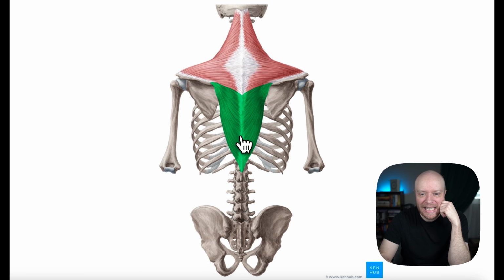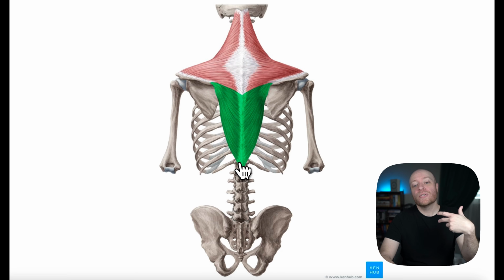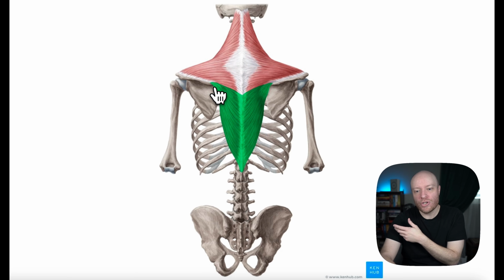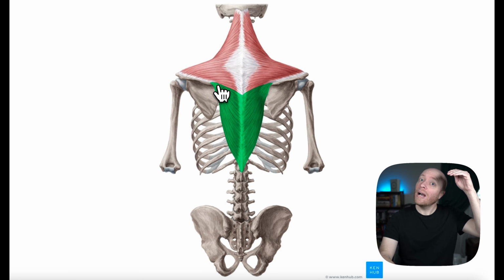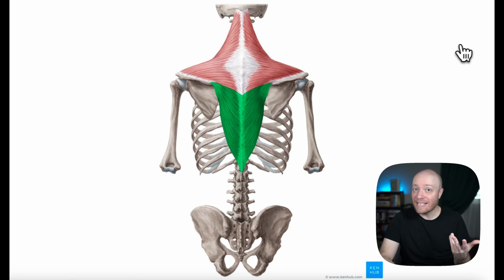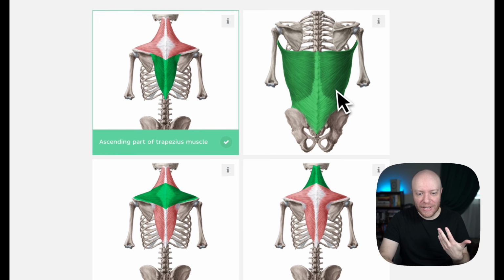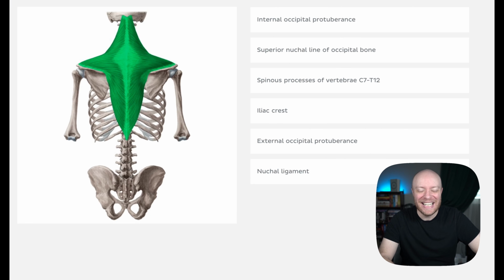The fibers are beginning here and traveling up this way, because remember, this is the origin of the muscle. If this was the origin, then sure, this would actually be the descending part. But since the origin is on the midline, that means the fiber orientation is actually going up. So this is indeed the ascending part. I know it feels like the descending part, but it's the ascending part.